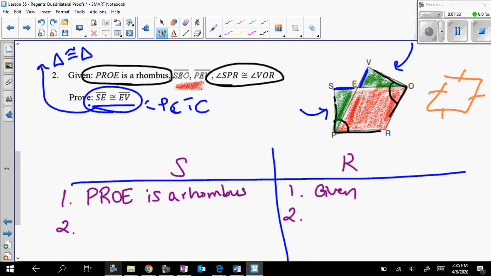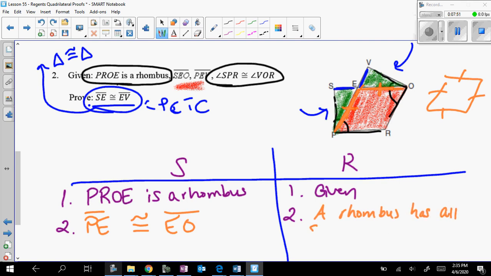So what sides should I mention? How about the ones that belong to those green triangles? How about EO and PE? PE is congruent to EO, and the reason is because a rhombus has all sides congruent. Or you could say four sides congruent, or you could say adjacent sides congruent if you want.